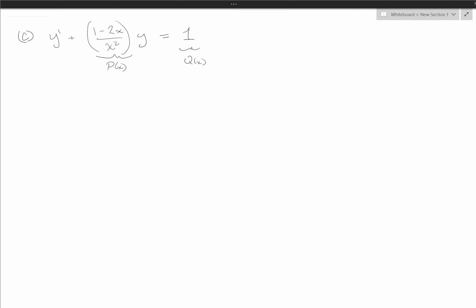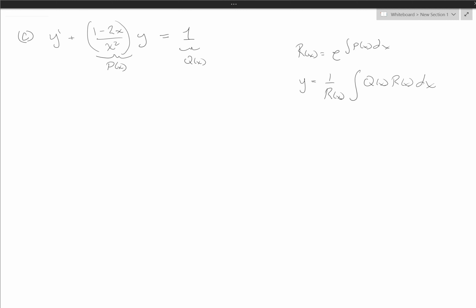So in order to solve this, we need r of x. R of x equals e to the integral of p of x dx. Okay, so that our solution is going to be 1 over r times the integral of qx rx dx.